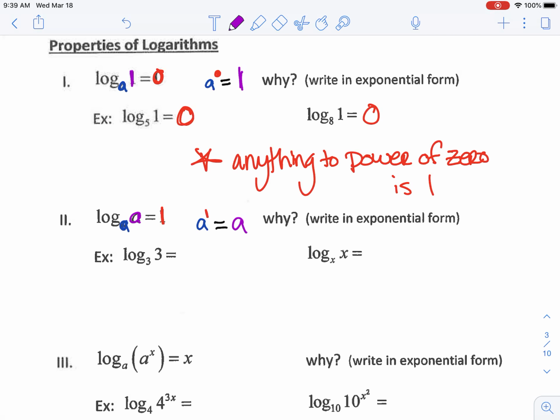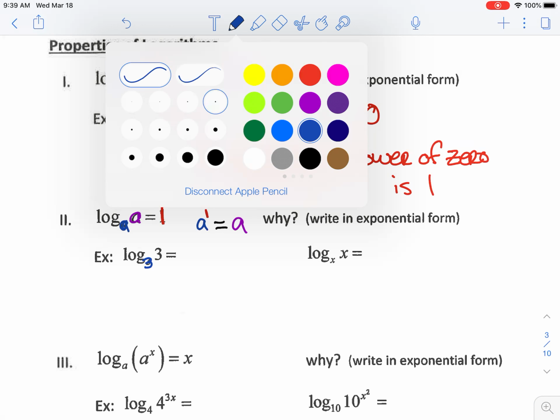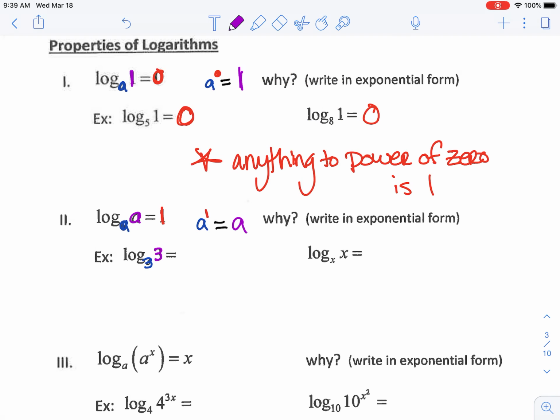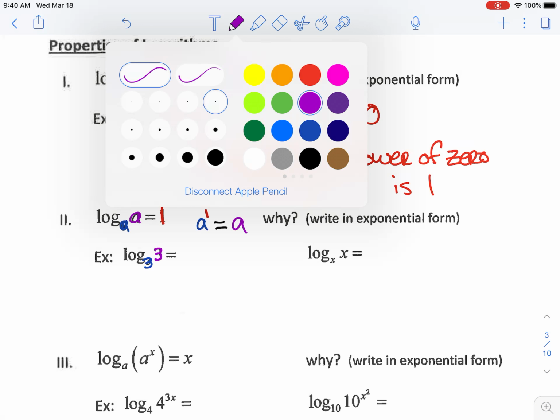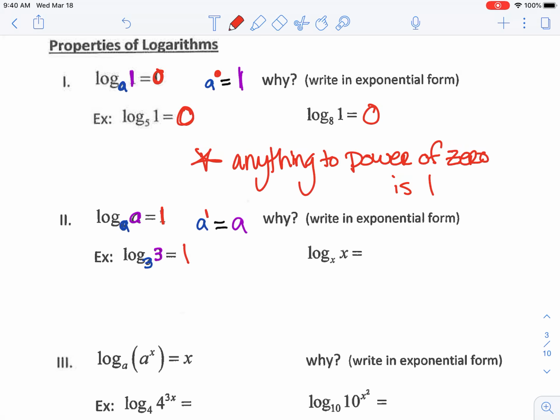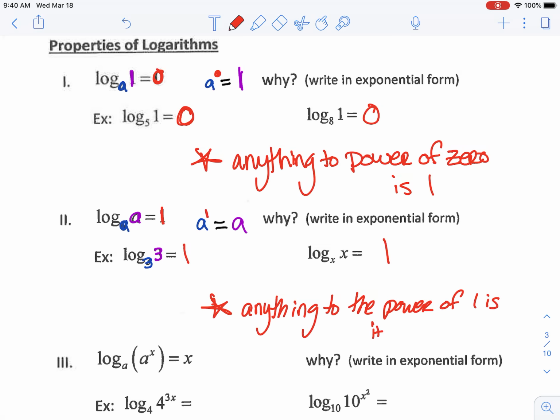So if I have 3 and 3 right here, I get 1 as my answer. So if I have x and x, I get 1 as my answer. And this again is the shortcut. Anything to the power of 1 is itself.